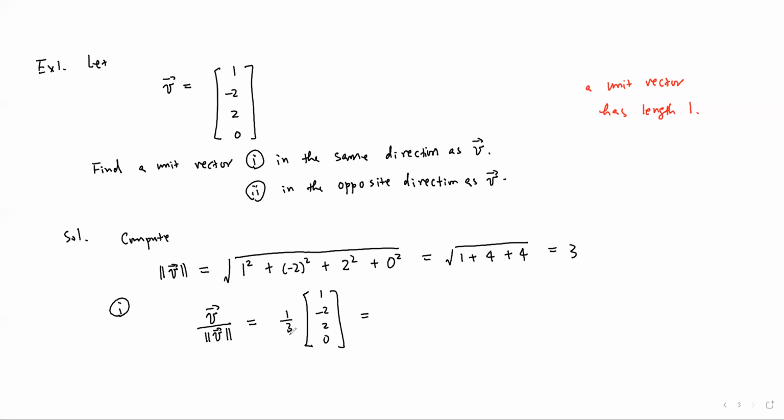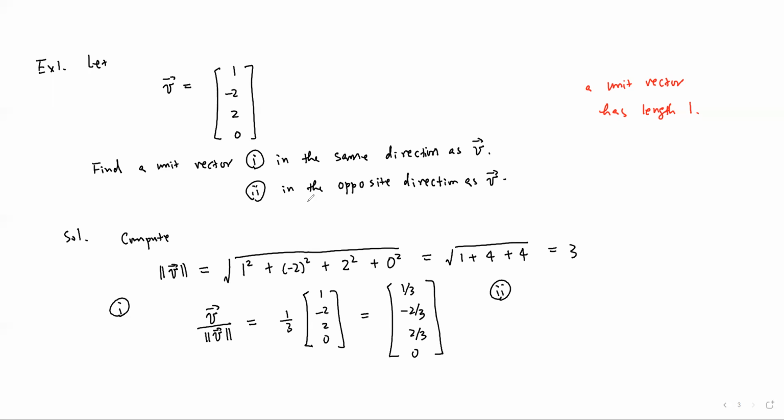Multiply the number to all the entries: 1/3, -2/3, 2/3, 0. This vector is a unit vector and in the same direction as the vector V, because I multiply the vector by a positive number, which doesn't change the direction.